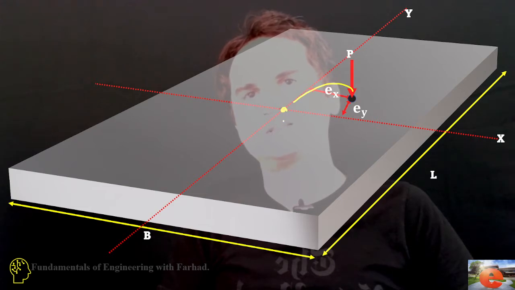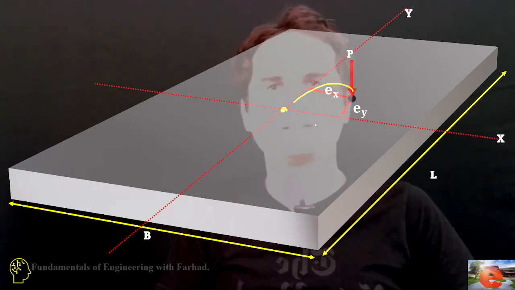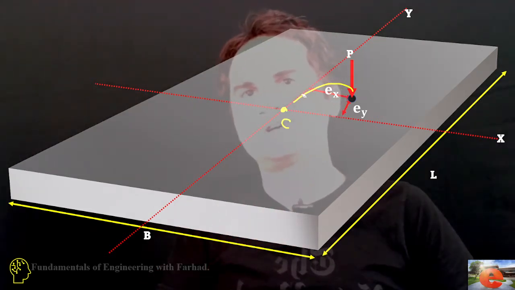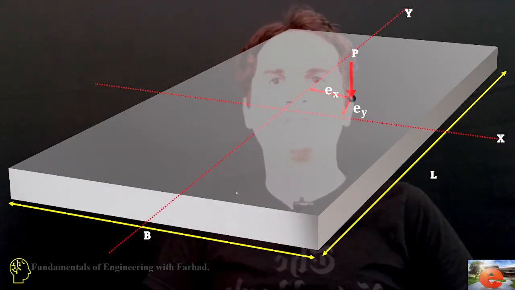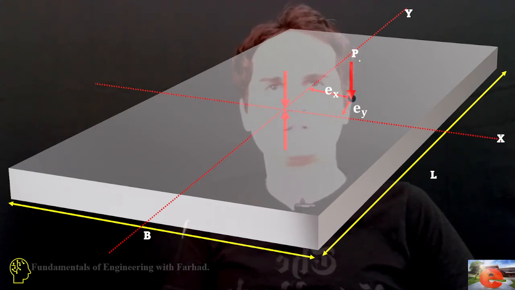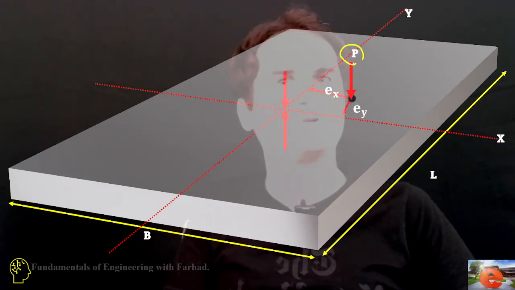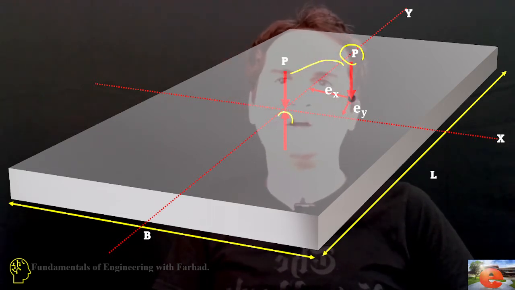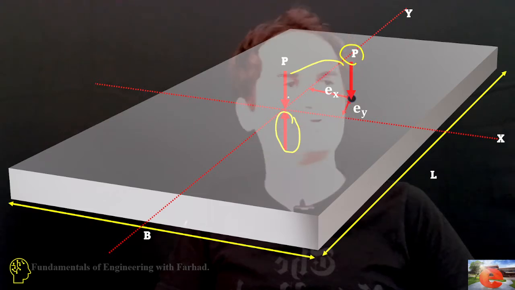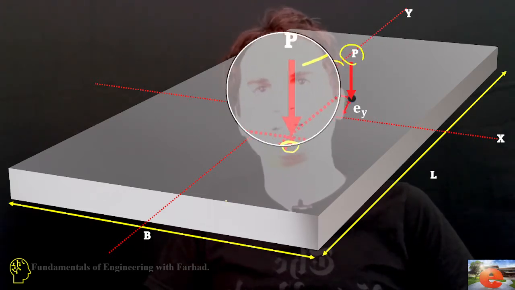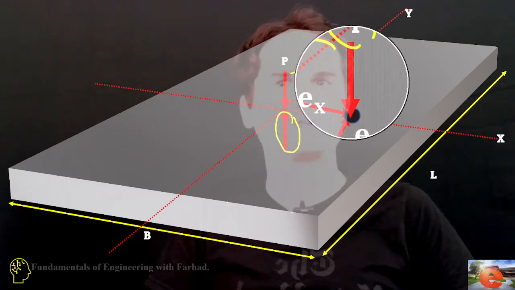If this is the centroid where the two axes meet each other, the symmetry of the structure, we just move the concentrated load of P to the centroid and create the opposite of that, because these two should cancel out each other, because in reality we don't have this force at the centroid and we just have the real force over here.